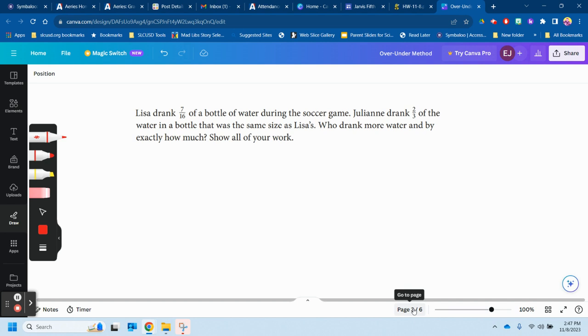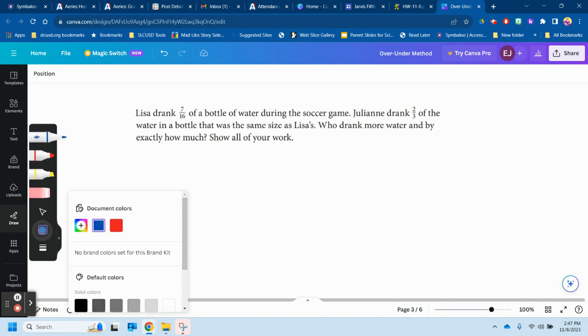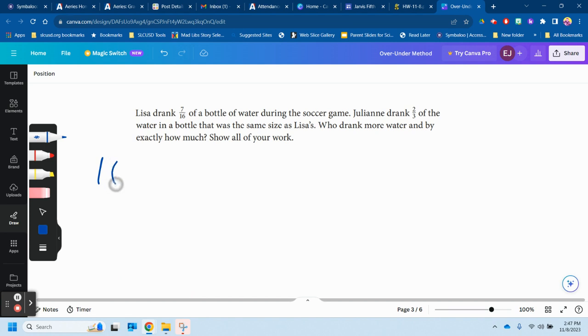So I'm going to use blue here and write out the multiples of 16. Like 16, is that divisible by 3? 32 is not divisible by 3. 48 is divisible by 3.